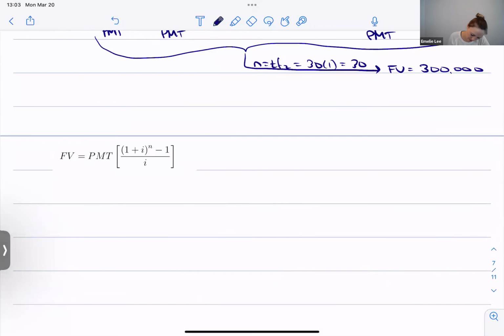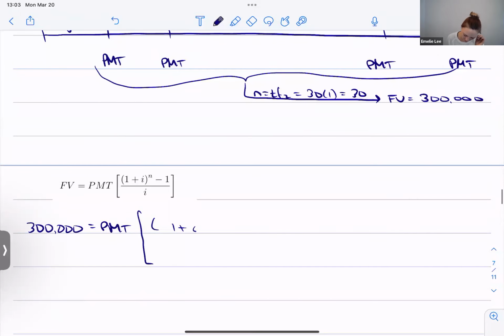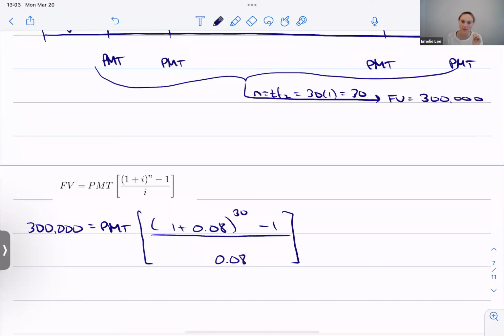So the future value, we're forcing it to be 300,000, which is going to be the payment amount, which is what I'm solving for, times 1 plus I, which is your I2, which is 0.08, to the power of n, which is the number of payments, which is 30, then minus 1, then divided by 0.08, I2.